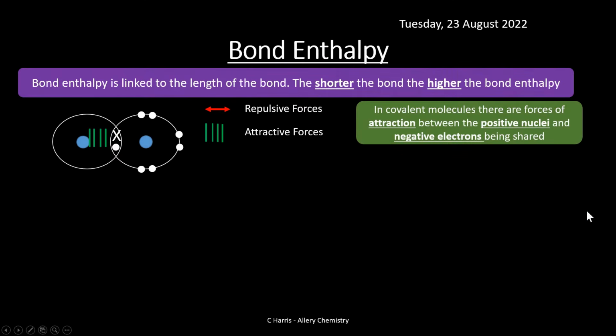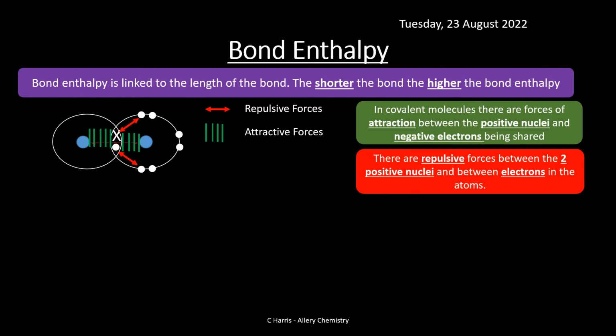So in covalent molecules, there are forces of attraction between the positive nuclei and the negative electrons being shared. It's this that pulls the two atoms together, and that's effectively what the bond is. We then have repulsive forces as well between the two positive nuclei. Obviously, the nuclei of the two atoms don't want to be near each other, and the electrons don't want to be near each other either.